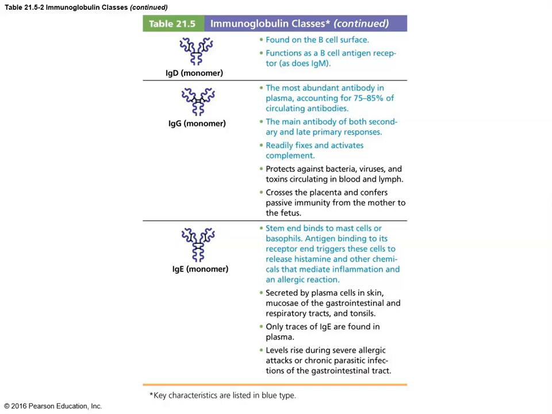IgE is going to be involved in the inflammatory response, releasing histamine and other inflammatory chemicals. The allergic reaction process is going to be involved here, and there are lots of different places you could find this being released.